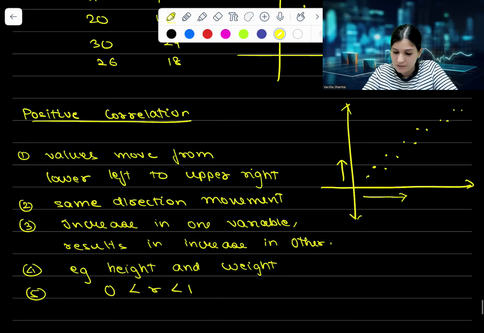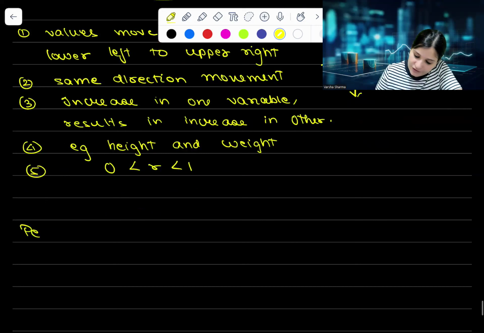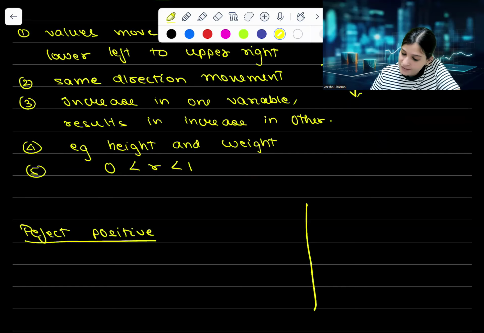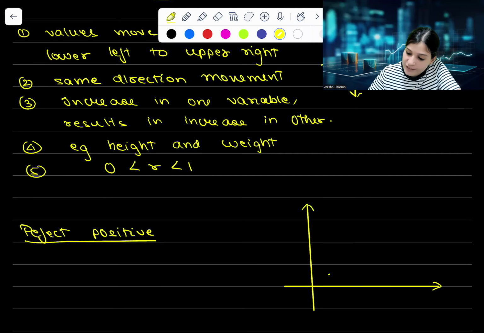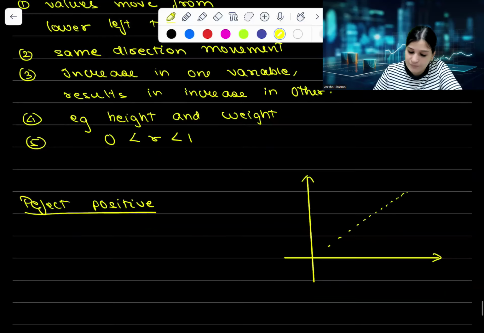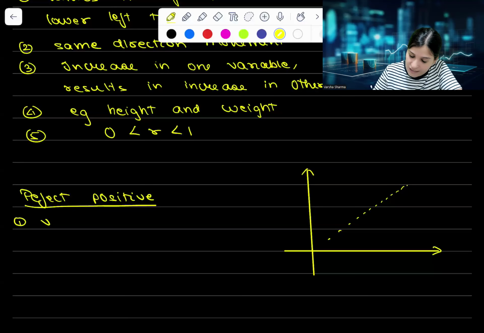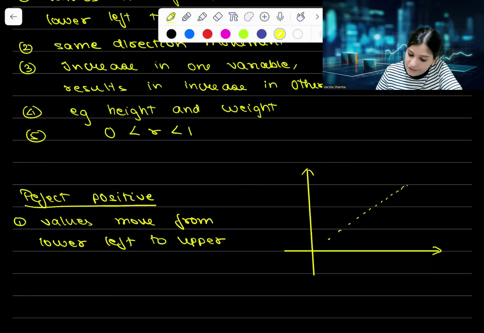Then we have perfect positive. The values will move from lower left to upper right, but in a perfect straight line.